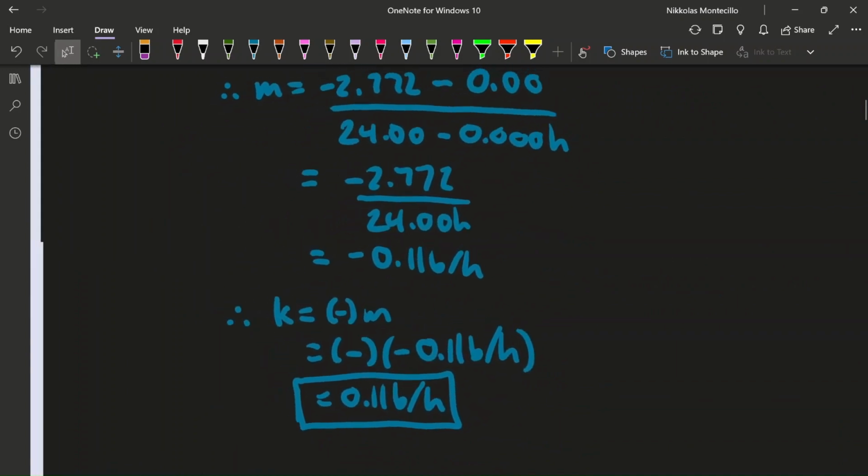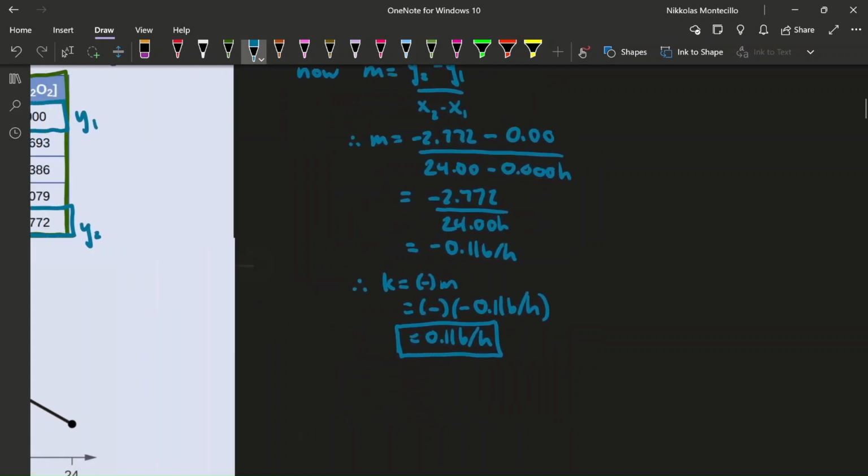So this is what m is equal to. Therefore, k equals negative slope, so negative 1 times the slope, which is negative 0.116 per hour, is equal to 0.116 per hour. This is what we call the rate constant.